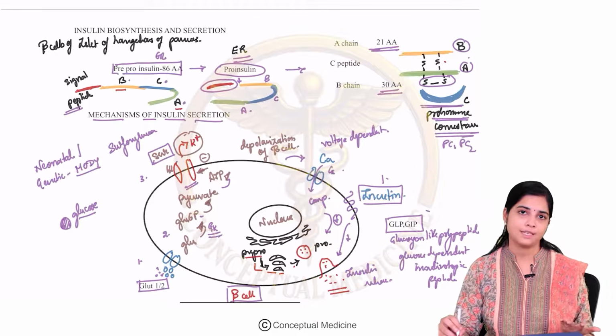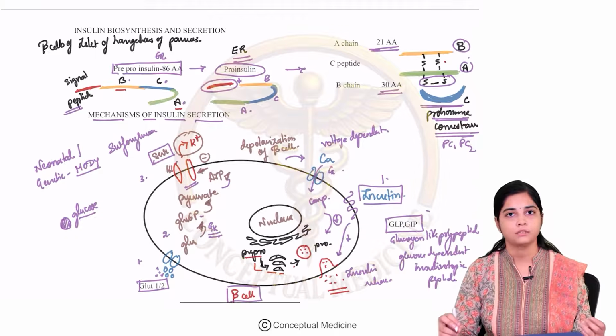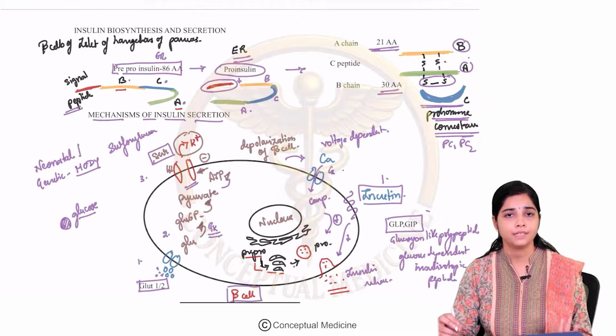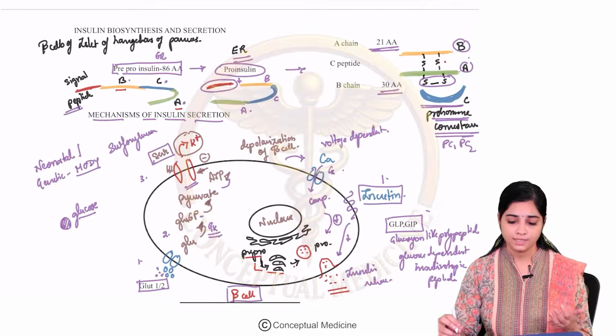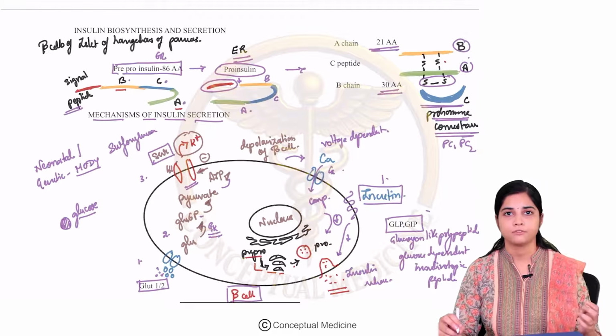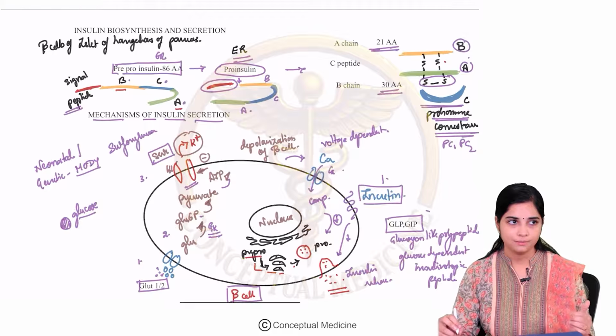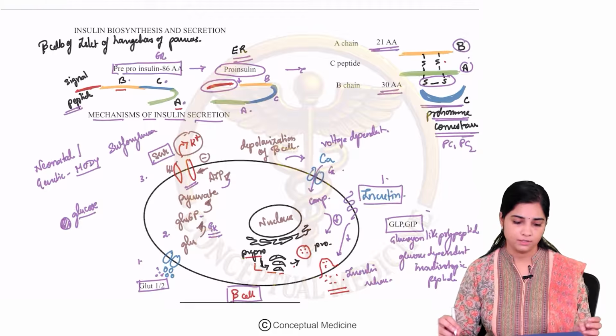Similarly, if the glucokinase enzyme is affected, then you can have maturity onset diabetes of the young. We will be looking at all of this in detail. As of now, what you have to understand is that if any of this is damaged, you can have neonatal or genetic forms of diabetes. Clear? So this is about your insulin biosynthesis and insulin secretion.